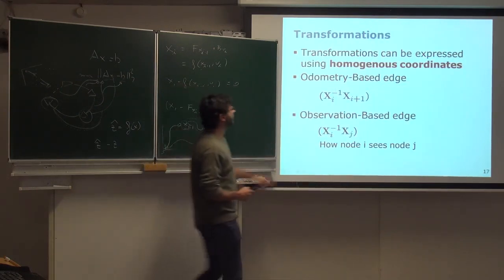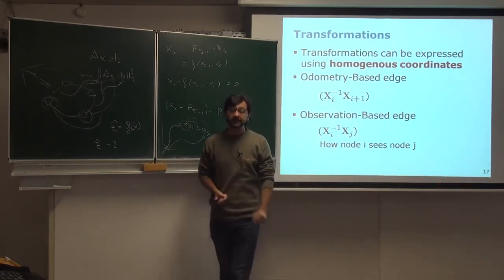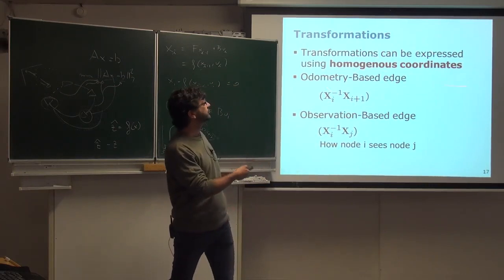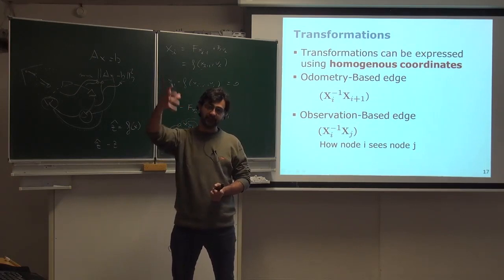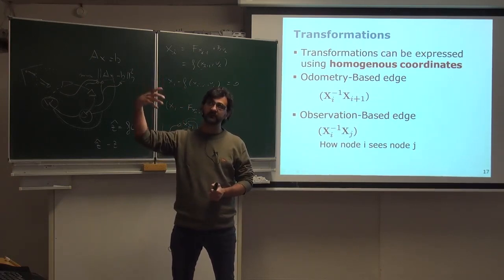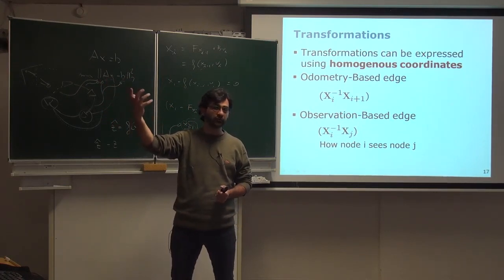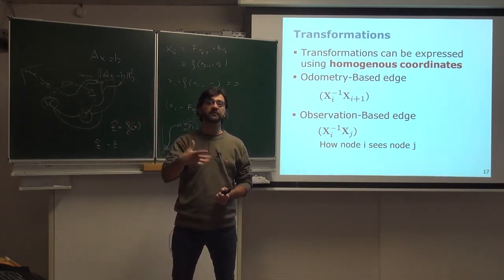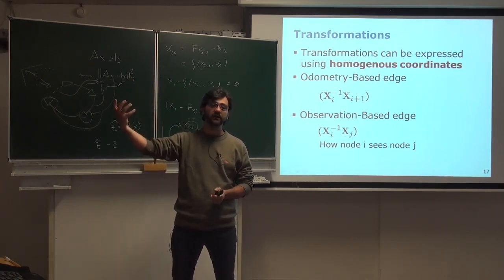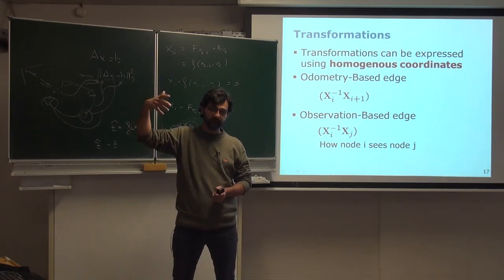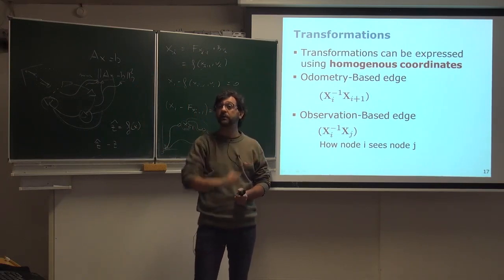So, if we see this from the point of view of transformations in homogeneous coordinates, we have seen that using homogeneous coordinates, we can describe a transformation as just a matrix that transforms a point by matrix multiplication. So we have a point in homogeneous coordinates, we have a matrix that represents the transformation, and to know where the transformed point is, we just multiply the vector on the left side by the matrix, and the result is the transformed vector.